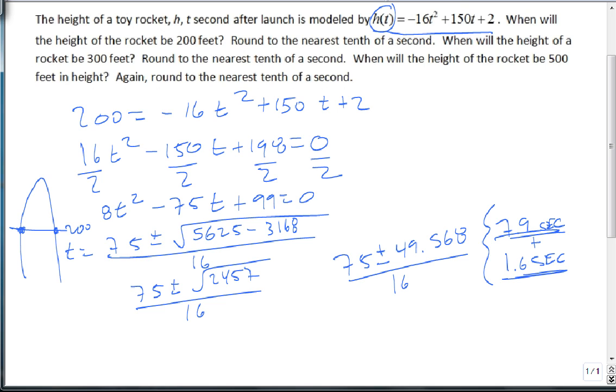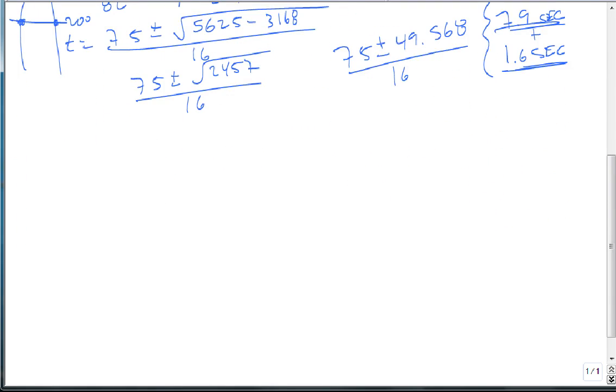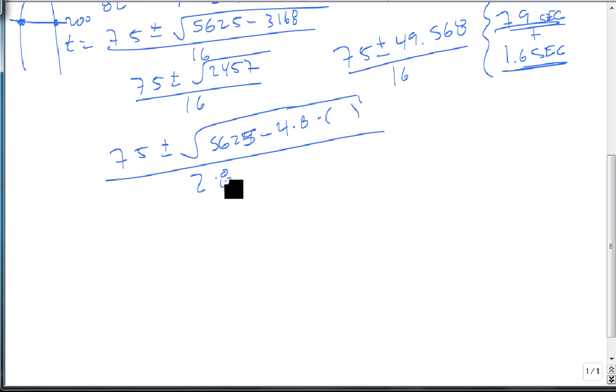And we can do the same thing with 300 and with 500. In fact, the only thing that really changes is this number. And so we can save some of our time, because remember, our quadratic formula has 5625. So let's just write this generically: 5625 minus 4 times 8 times whatever that height is minus 2 and divided by 2, all over 2 times 8.